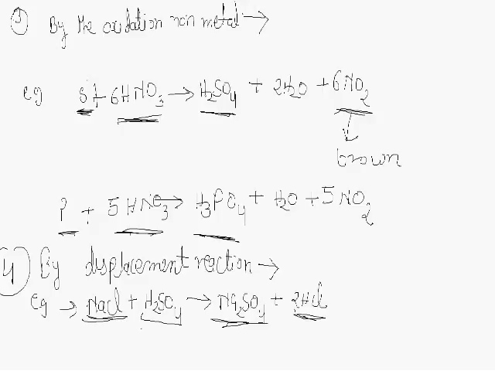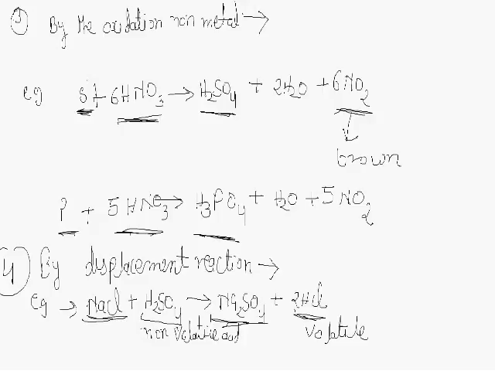But the important thing in this reaction is that in the displacement reaction, we can obtain a highly volatile acid with the help of a non-volatile acid. Here H2SO4 is a non-volatile acid, and on the right hand side HCl is a volatile acid. Now, what is the meaning of volatile and non-volatile?